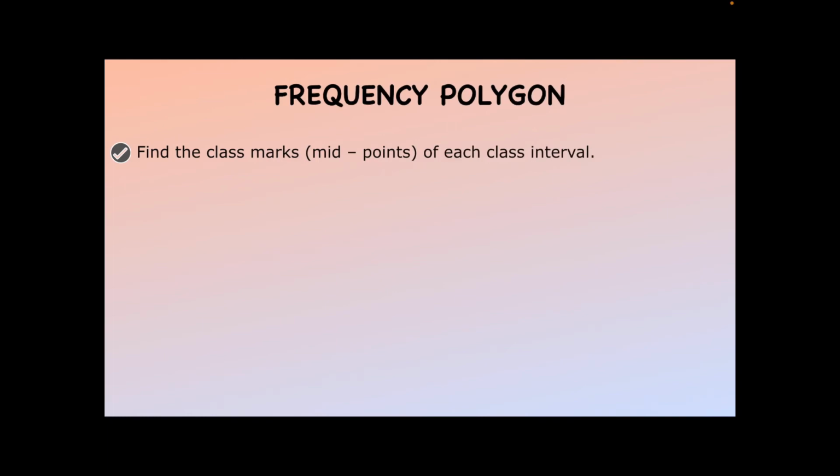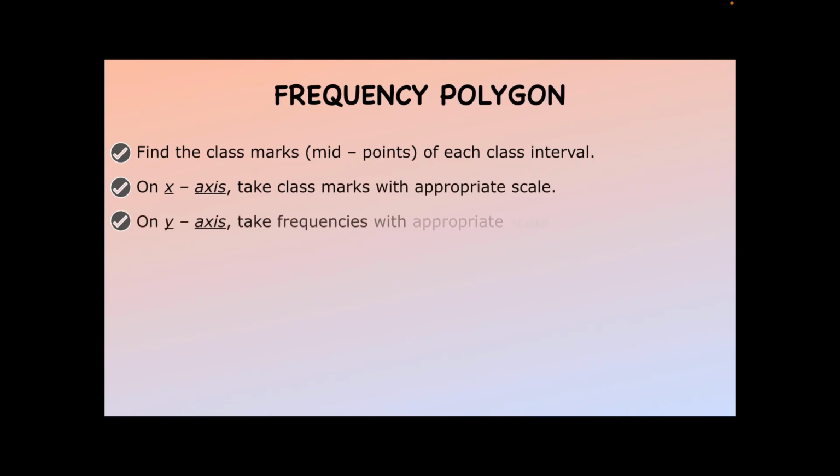Now, after finding the class marks for every class interval, we take these class marks on the x axis with appropriate scale. Now, taking of scale depends on the data that is available to us. Then on the y axis we take the frequencies, again using the appropriate scale depending upon what frequencies are available in the data.